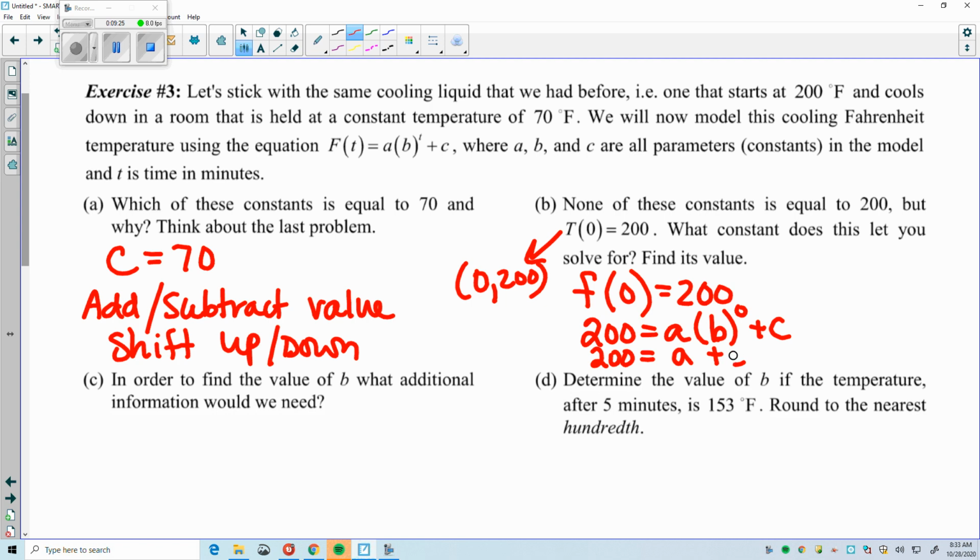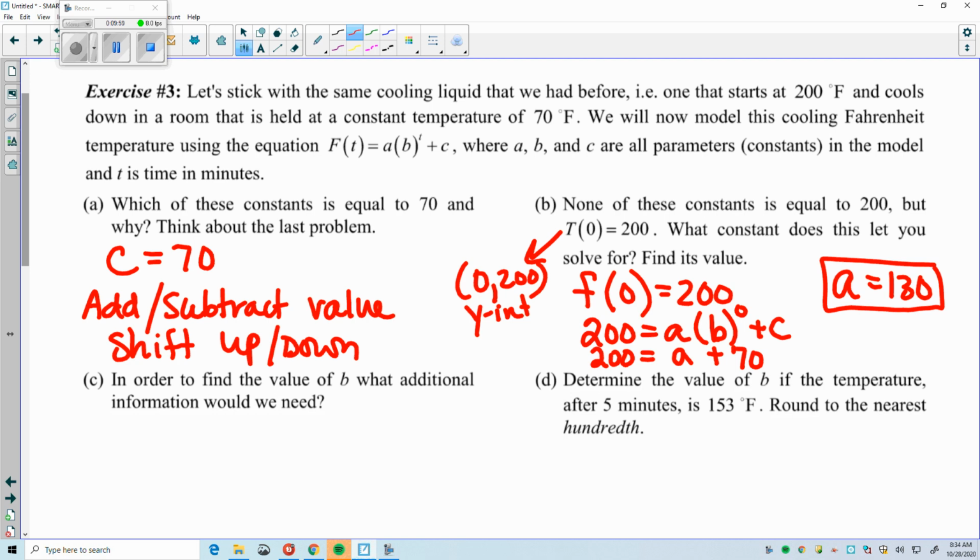So let's change this to 70 so we can see what we actually have. And now look what we can solve for. Now we can solve for the value of A. So if I subtract that 70, we now know A is 130. So just by knowing T of 0 equals 200, and think about what this is. This is your y-intercept. So knowing your y-intercept is going to allow you to solve for A.